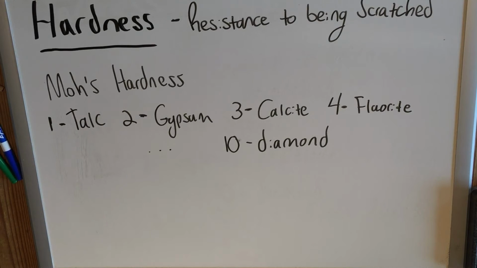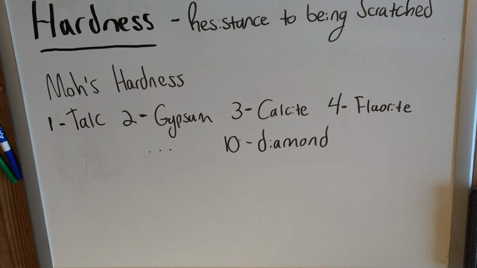Now, an interesting note about this hardness scale is that there's no particular pattern. It's entirely just a ranking system. It's sort of like if you were to rank a bunch of students based on their grades, and you were to say that, well, student A is first in their class with a 4.0, then student B is second with a 3.0, then student C is third with a 2.9, then student D is fourth with a 2.7.